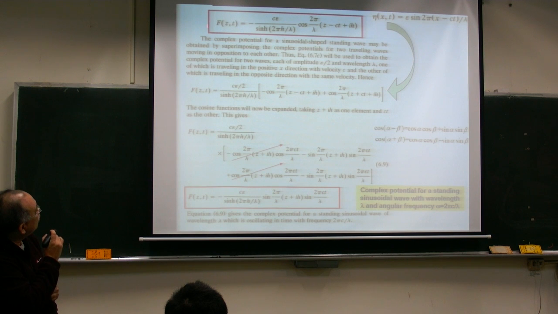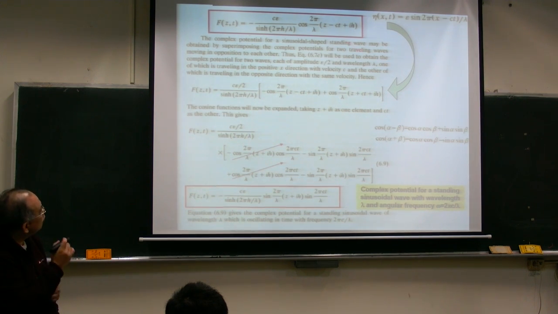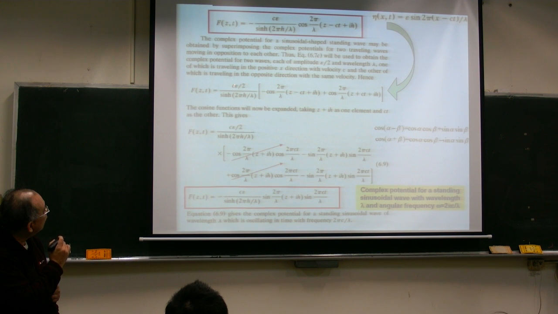So this is our traveling wave solution, as you can see, with z minus ct. This is the complex potential written using the traveling wave. If I want to construct the standing wave solution by superposition, what should I do? I just follow this, only epsilon becomes one half epsilon because the amplitude is divided by 2. And the cosine has one term with z minus ct and one with z plus ct.